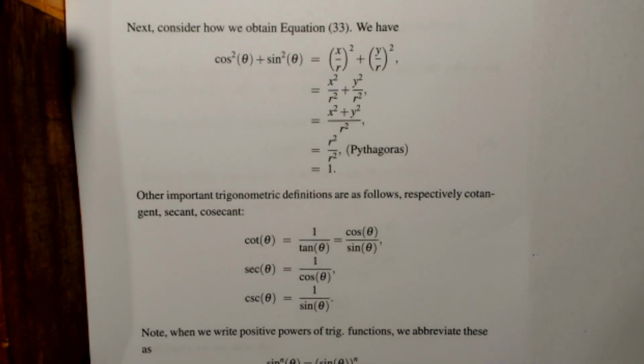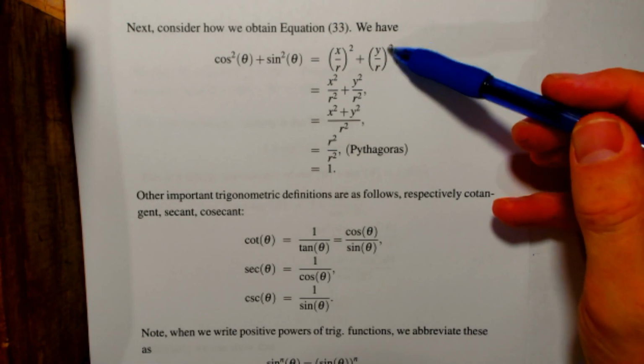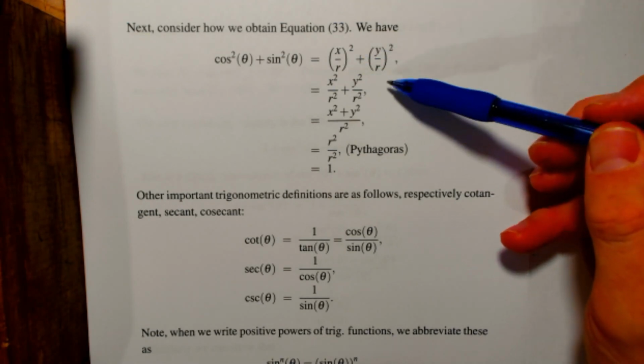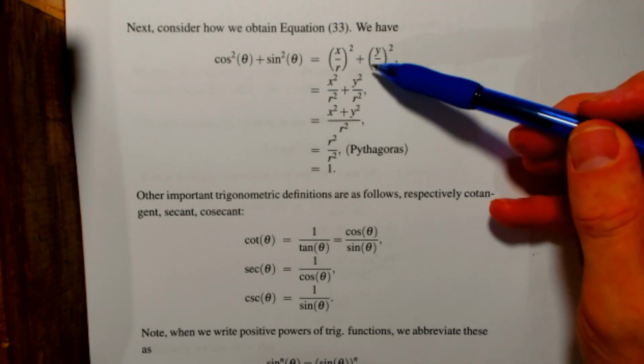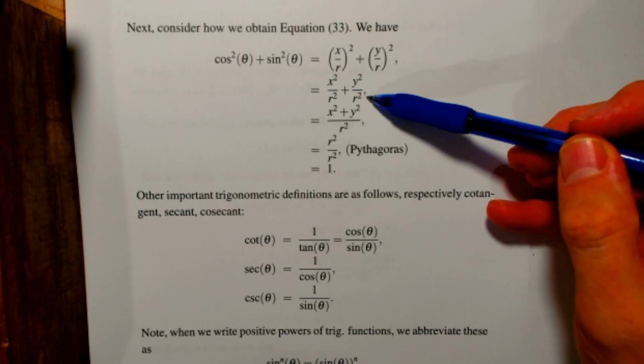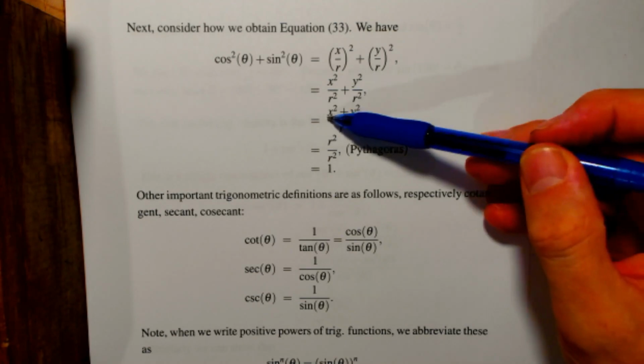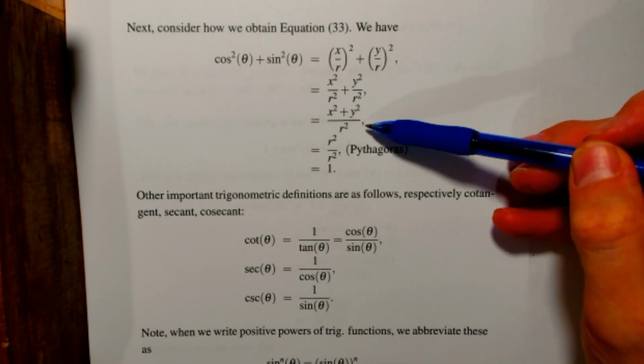Okay, so next let's have a look at cos squared plus sine squared. This is just x on r squared plus y on r squared. Now if we expand that, we get x squared on r squared plus y squared on r squared. Since they have the same denominator, we can place that over the same vinculum, or fraction bar.